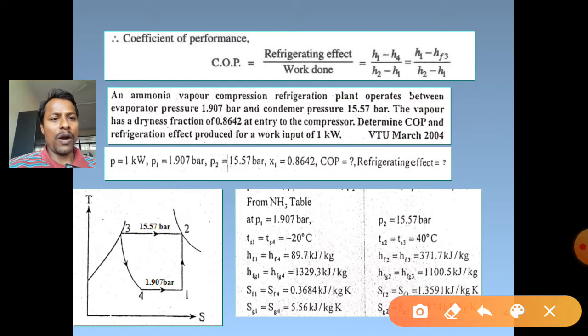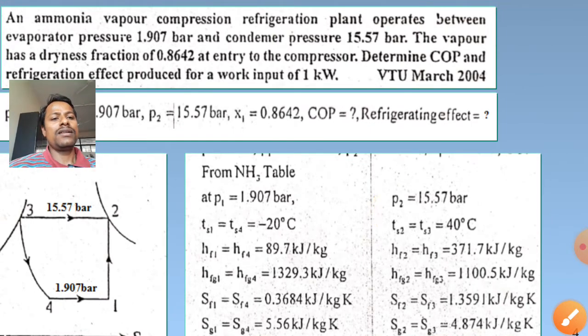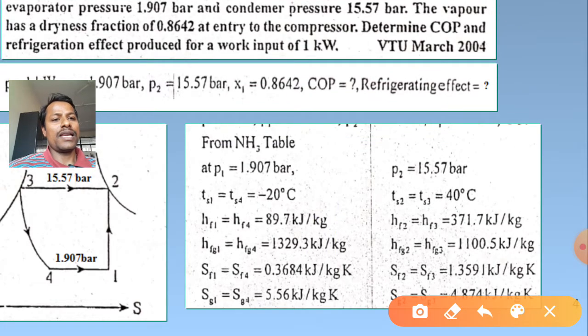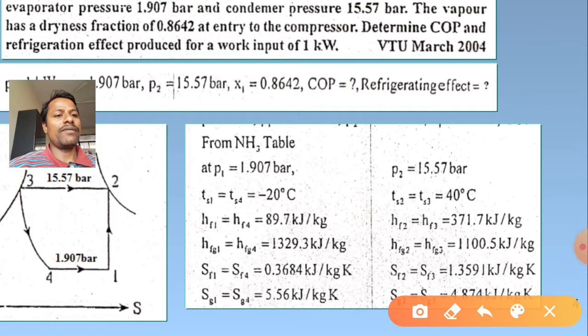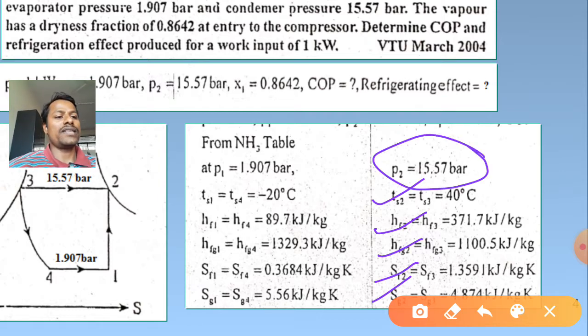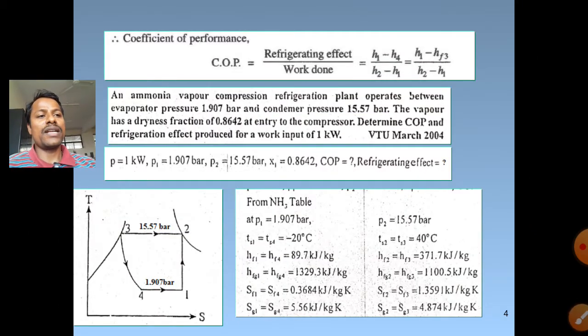These are properties that we can obtain from the ammonia table, that is here we have HF1 equal to HF4, this is the data, and HFG, we have noted down SG at 1.907 bar. Then again here we have saturation temperature, then HF, HFG, SF, SFG at 15.57 bar. So we can get these values from the ammonia table.